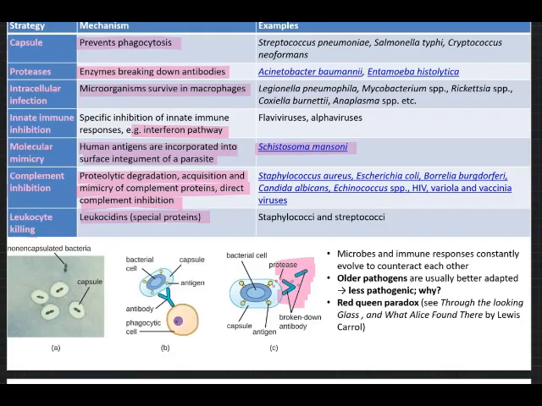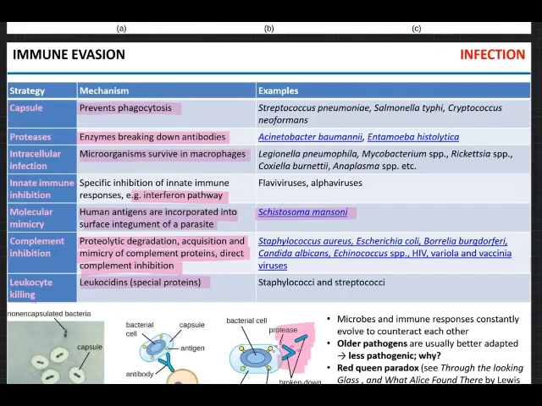Now, when I go over these notes, I tell students that this single slide can be developed into a 3 credit hour, 1 semester course. There are so many mechanisms and they're so interesting.